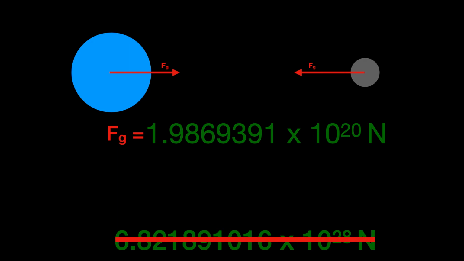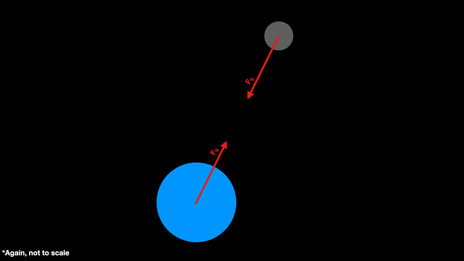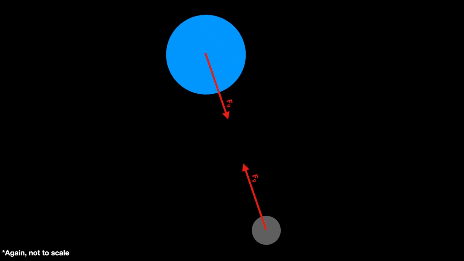It's off by 8 orders of magnitude, so don't confuse that like I did. Okay, so that means the force between the Earth and the Moon is equal to 2 times 10 to the 20 newtons.